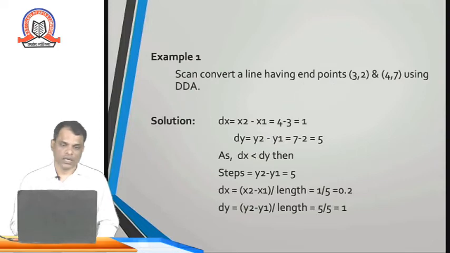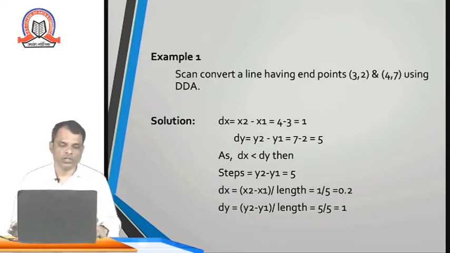Now we will see one more example, like earlier. So we have a start and end point, that is 3 2 and 4 7. Using that we can find the slope. Here I want to give the basic idea of our DDA algorithm.